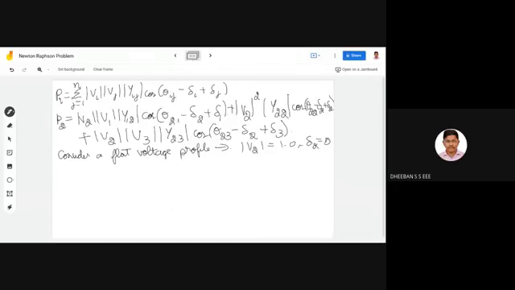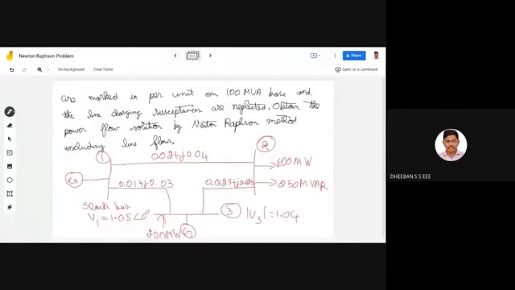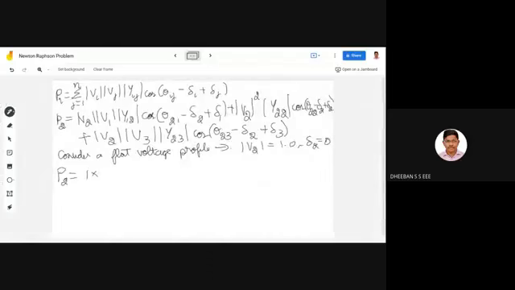So now we can substitute those values over here. Your P2 will be equal to V2 is 1 into, so what is your V1? V1 value is given as 1.05 at an angle of 0 degrees.